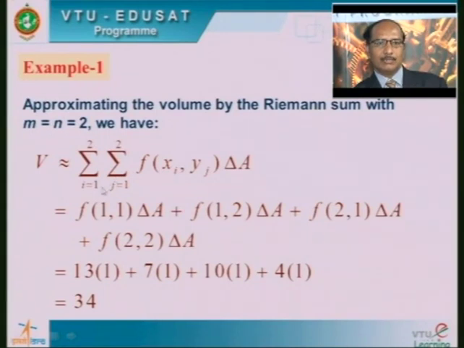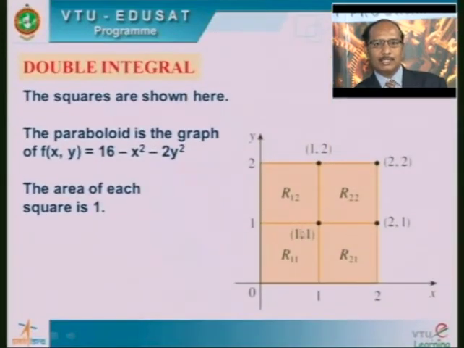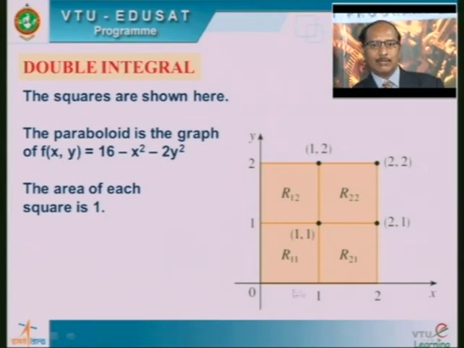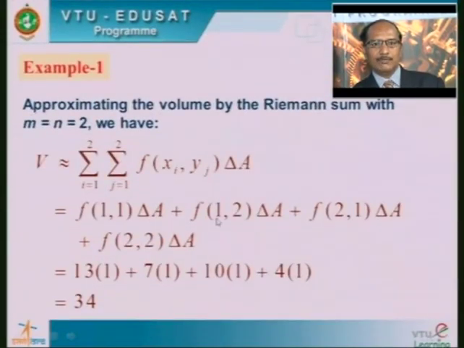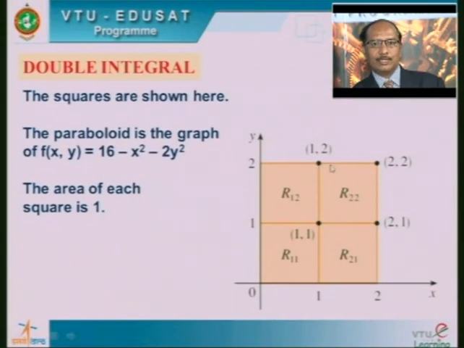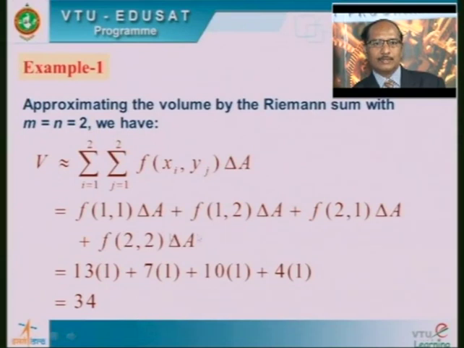The volume is approximated by the sum over i equal to 1 to 2, j equal to 1 to 2, of f of x_i, y_j times delta A. That is f(1,1) delta A, the function value at x equal to 1 and y equal to 1, plus f(1,2) delta A, f(2,1) delta A, and f(2,2) delta A. So there are 4 function values times delta A. You can calculate the values.